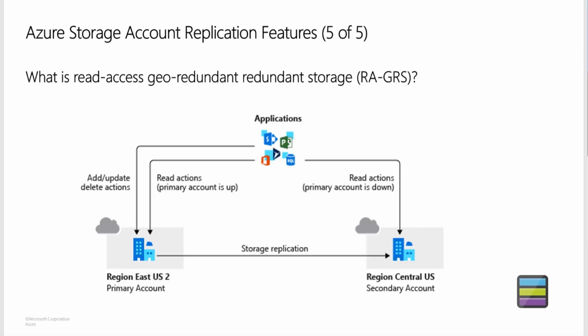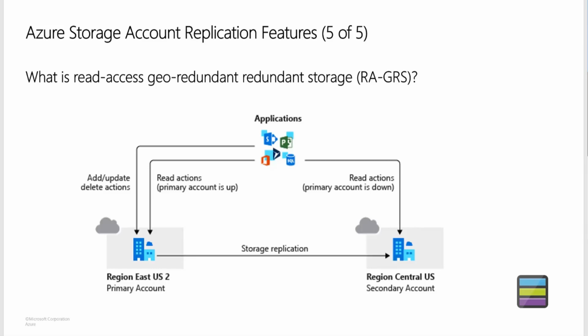When you use RA-GRS, you need to ensure that the application knows which endpoint it is interacting with. The secondary region has a secondary appended to the name of the endpoint. RA-GRS is ideal for applications which require high availability. A new feature is currently in preview that allows you to start a failover between primary and secondary regions from Azure Portal, PowerShell or CLI.